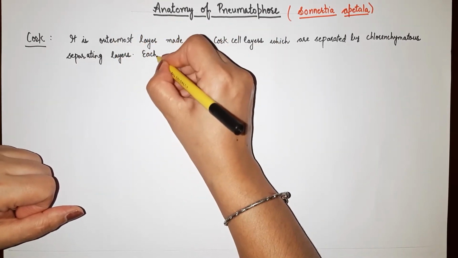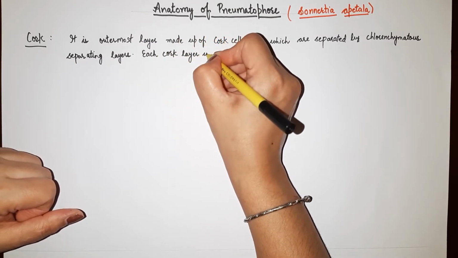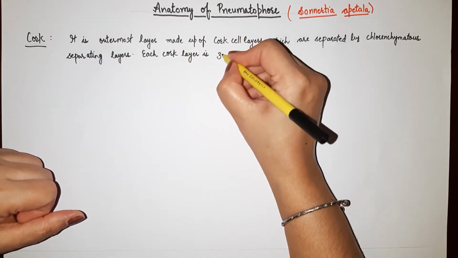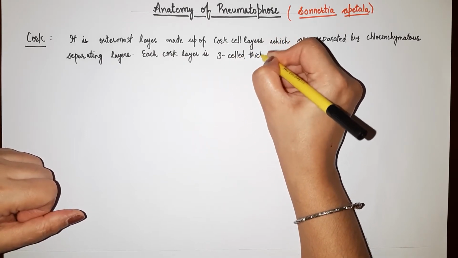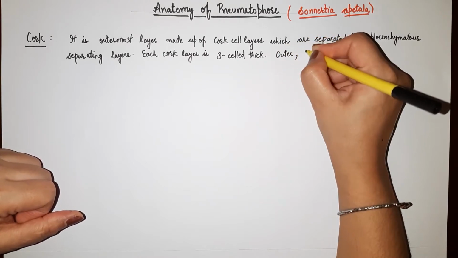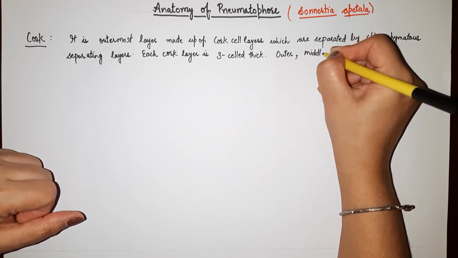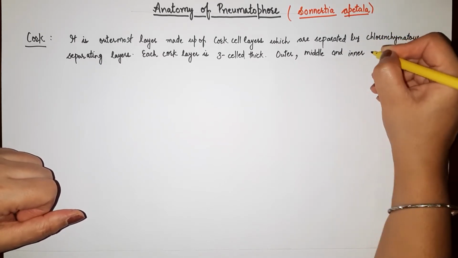Each cork layer is 3-celled thick: the outer, middle and inner cork layer.